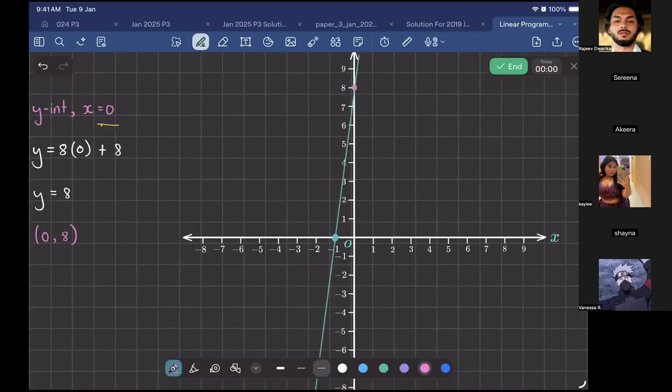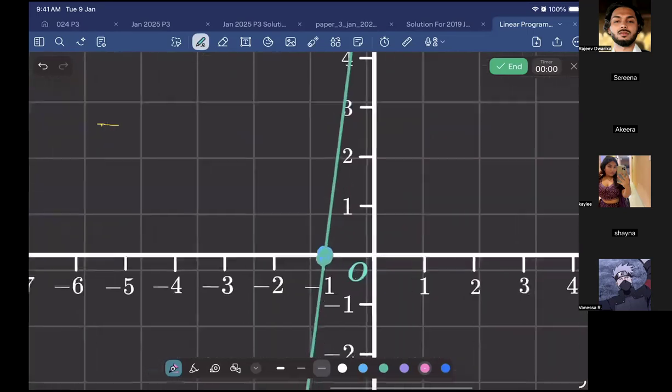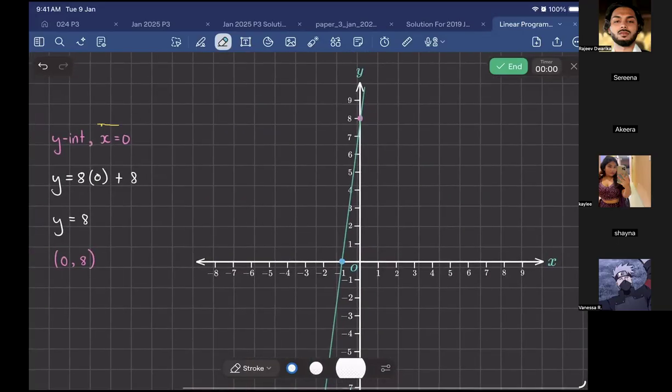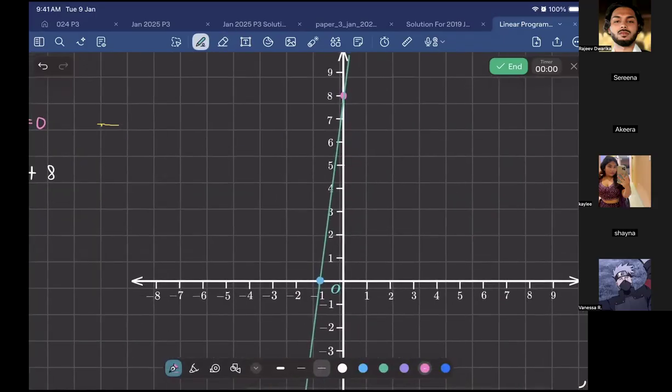And just to confirm, are you okay with plotting points and reading off points? Yeah. All right, so when you tell me (-2, 4), this is what you mean, right? Not a problem. Negative 2, comma 4. This is my test point.